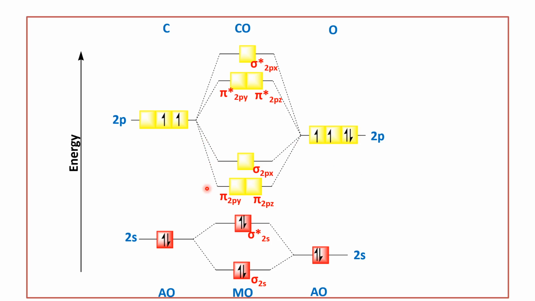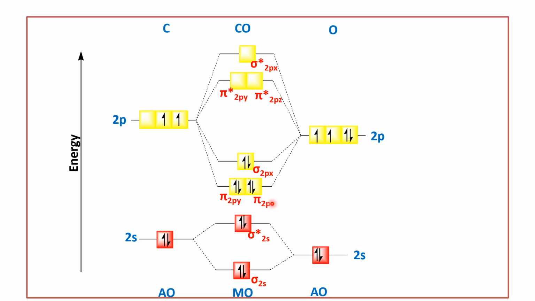These 6 electrons are filled in the MOs by using Hund's rule of maximum multiplicity. So we are having the first electron in the pi 2py, then pi 2pz. Then they will be paired, the third electron and the fourth electron. The remaining 2 move into the sigma 2px, first electron and the second electron. So in this way, there is a filling of the 6 electrons in the bonding molecular orbitals only. So this is the MO energy level diagram for the CO molecule.